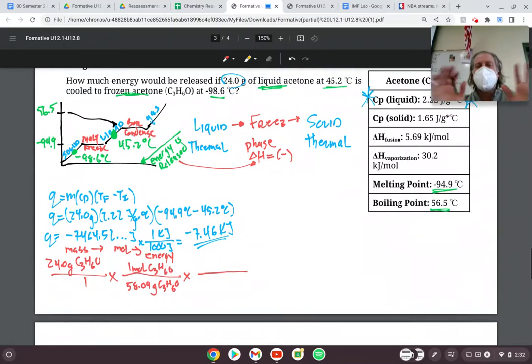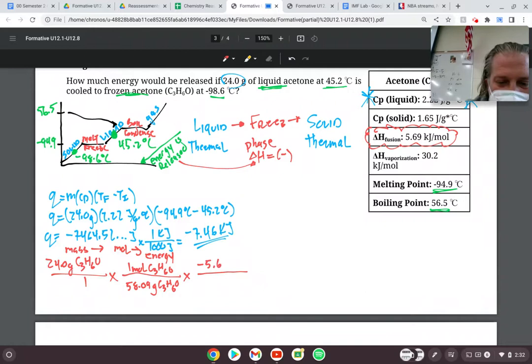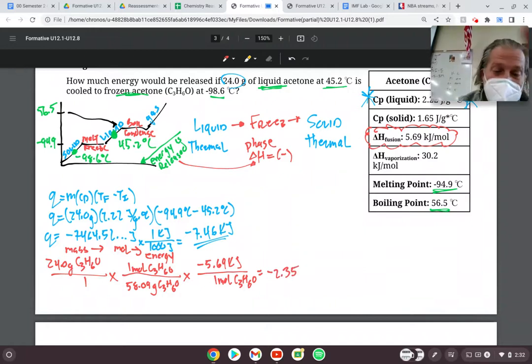And because we're freezing, we need to use the heat of fusion here. And because we've already decided that energy is being released, it must be negative. So this is going to be a negative 5.69 kilojoules in 1 mole of acetone. So 24 times negative 5.69 divided by 58.09 gives me like negative 2.35. That's the number of sig figs we need, kilojoules.